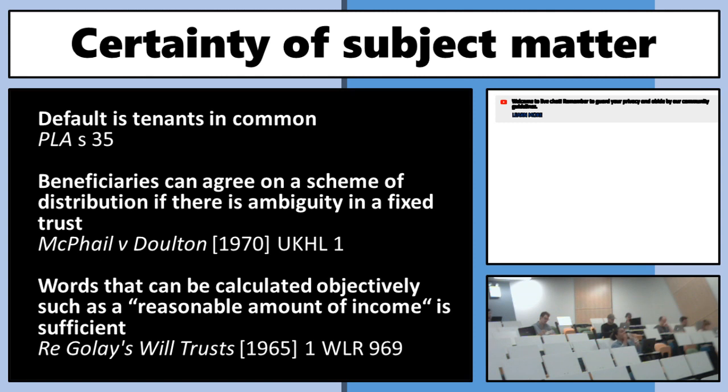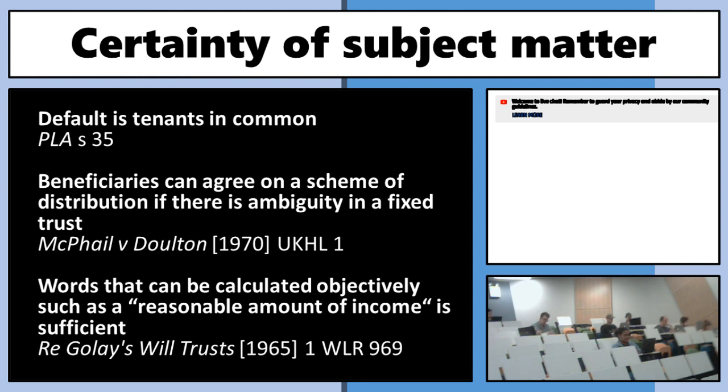Now, sometimes you will get vague explanations of the percentage or the fraction or the income that is to be distributed to the beneficiaries. Sometimes the instrument can be expressed in a very, very vague or unusual way. And again, the courts try not to be the destroyer of trusts.